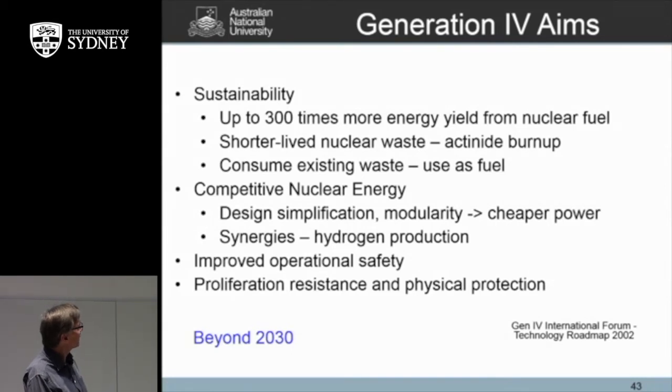We start to run out of petrol, what are we going to run our cars on? Maybe electricity, maybe we'll need hydrogen. Probably I'm not keen on a hydrogen car, but anyway, we'll see. Improved operational safety and, importantly, proliferation resistance and physical protection. So these are very good aims.